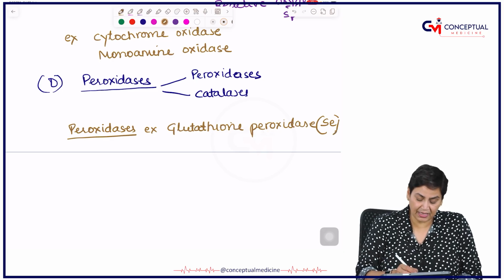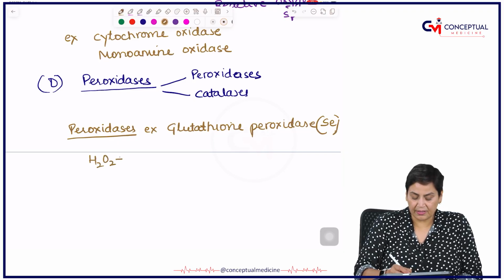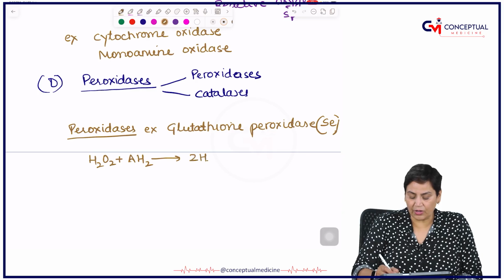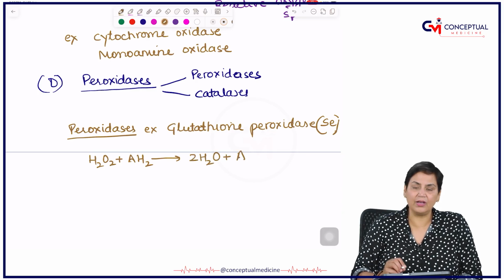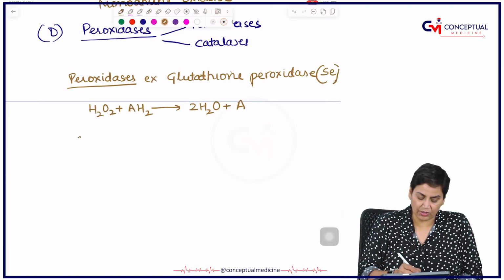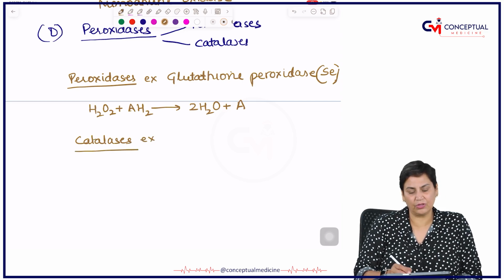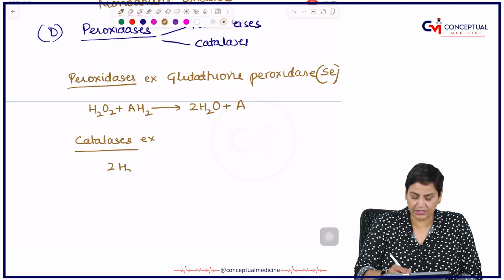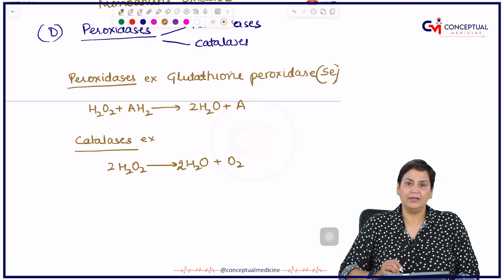And what is happening here? We can simply say that H2O2 plus AH2 will give twice water, plus A will be given out, right? This is an example of peroxidases, and if we talk about catalases, catalase is simply degradation of hydrogen peroxide. So we can simply say that H2O2 will be degraded to form water and oxygen, like this.